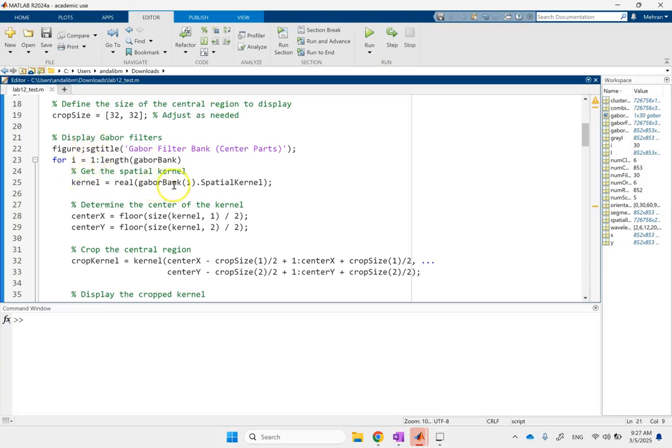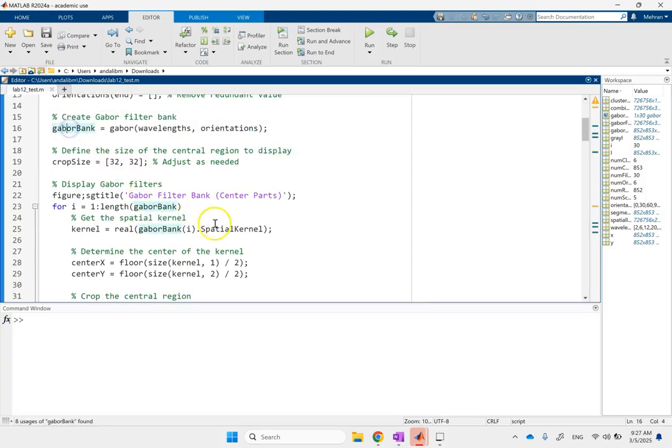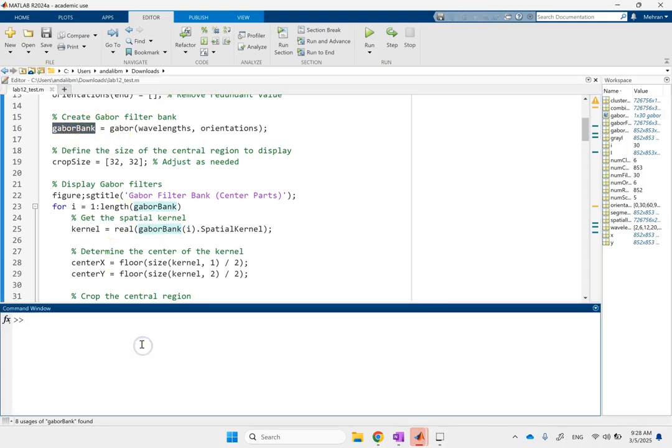So clearly you see that when you create the Gabor bank, first of all, this Gabor bank is not a set of matrices only. It has more data to it. It's a structure. If you look at this Gabor bank, let me show you.